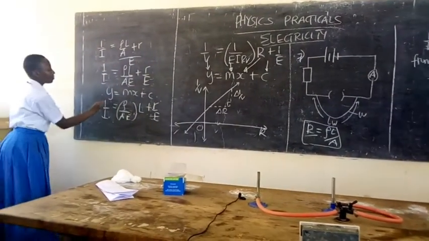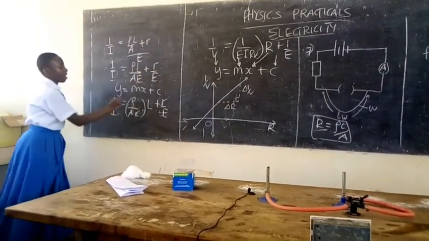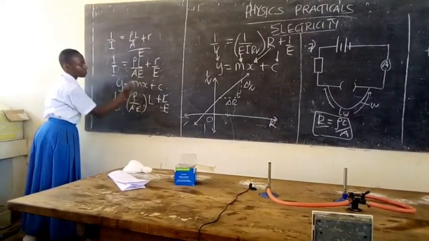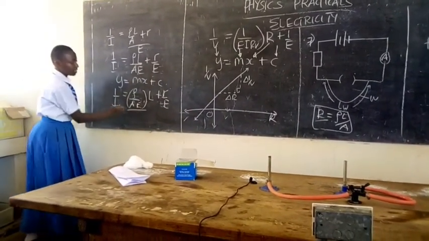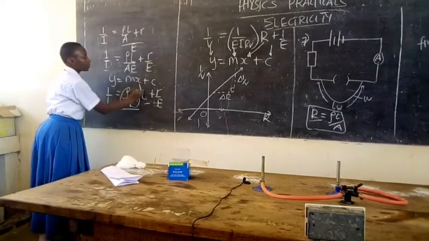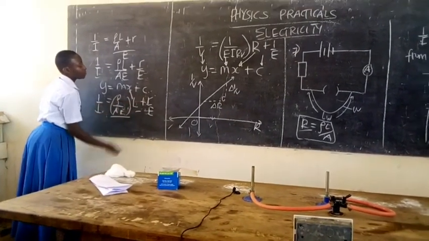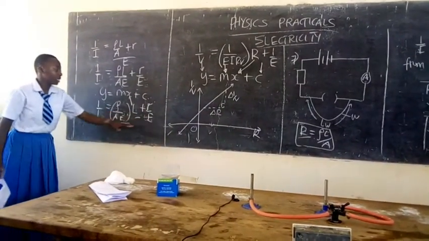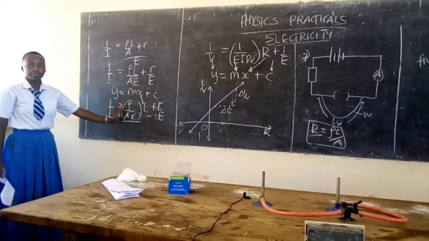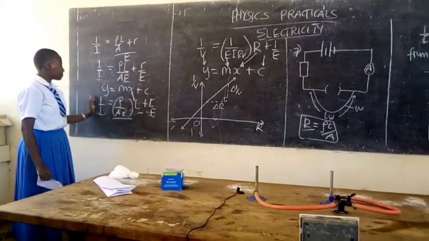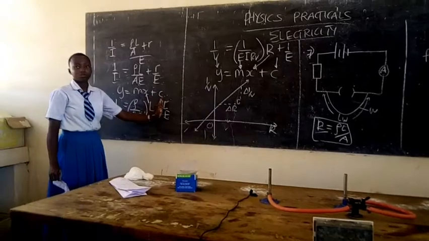Therefore, 1 over I corresponds to y. Resistivity over A times E corresponds to m. That is, all of this is our slope. L corresponds to x. c corresponds to r over E. From this equation, our slope is positive. Our y-intercept, that is 1 over I intercept, is also positive.